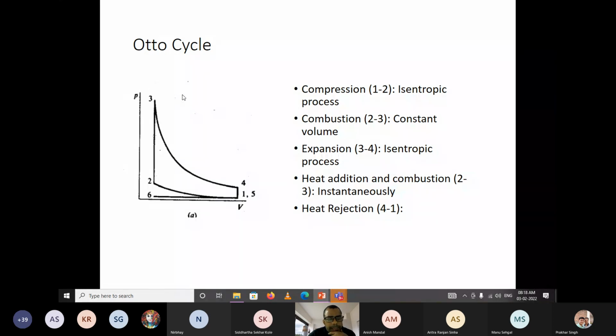So with this picture, what is the total volume of the engine? V1. V1, very good. Displacement volume? V1 minus V2. And clearance volume? V2, very good. And then let me tell one more thing. How do we define the compression ratio here?